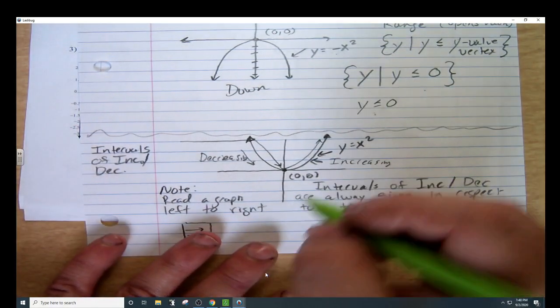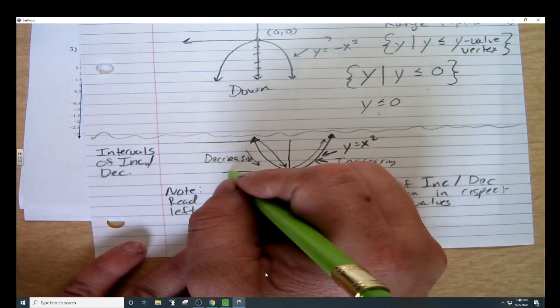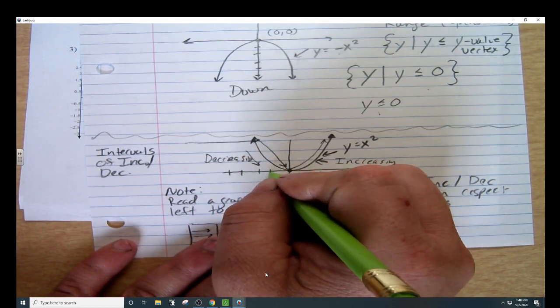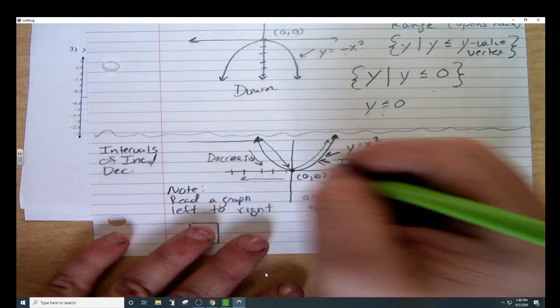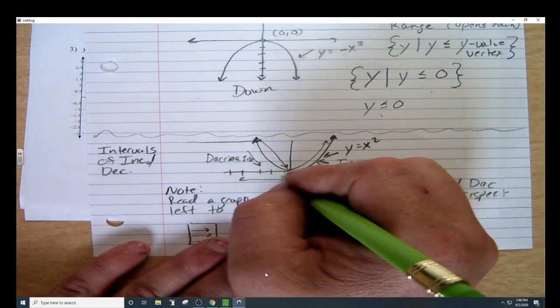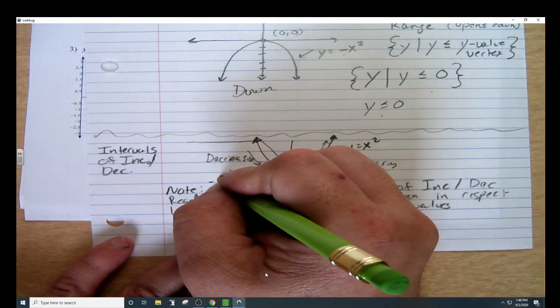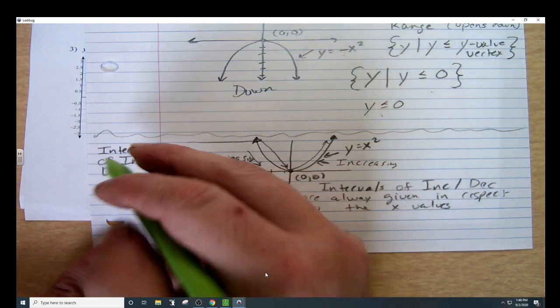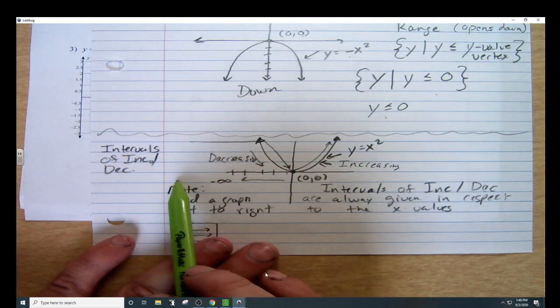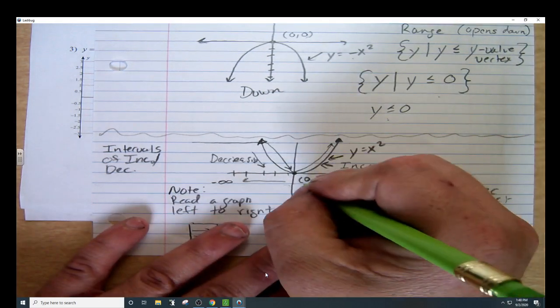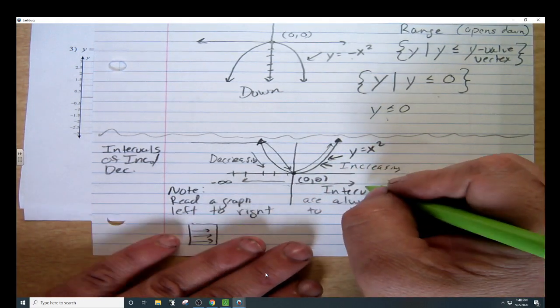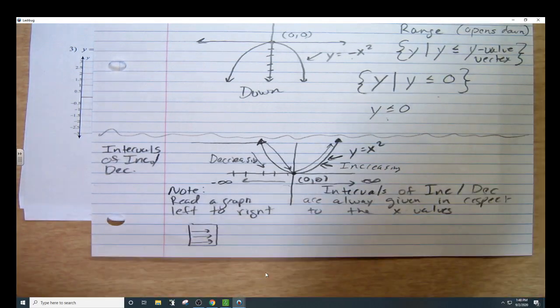So if you think about it, guys, any number left of the y-axis, those x values are going to negative infinity. It's negative infinity way over here, and it comes down. You count on down until you get to 0, and then you start your positive x values, and it goes to positive infinity.